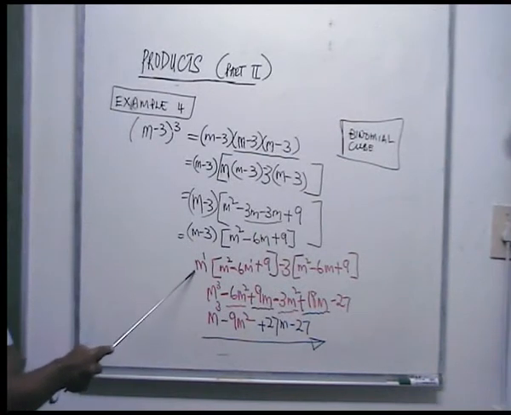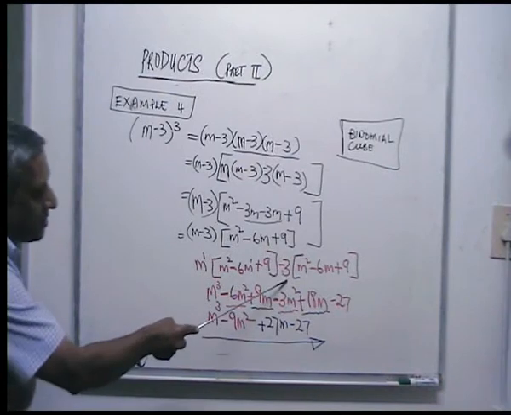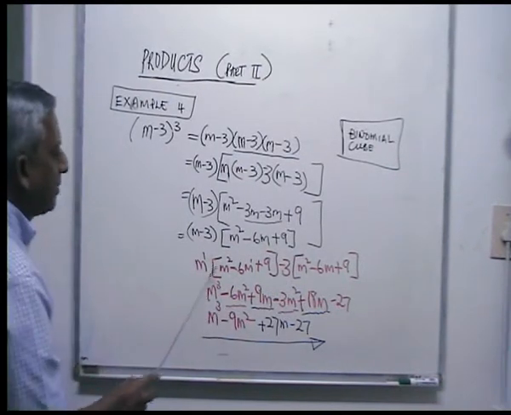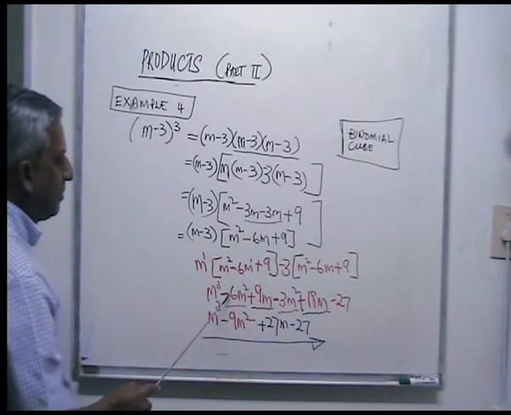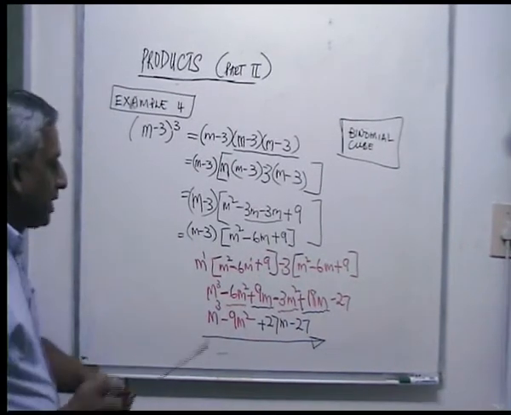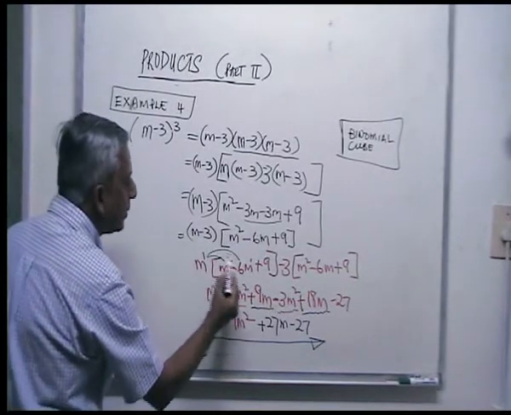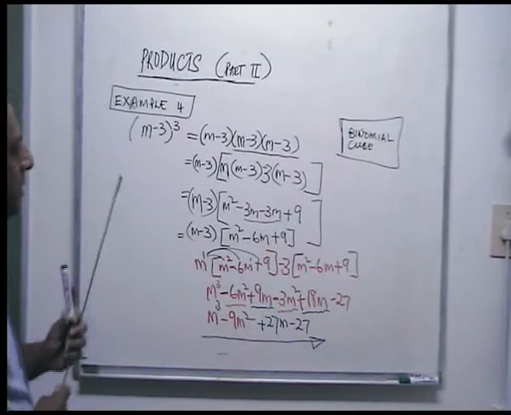Write the first term in front of the first bracket. Write the second term in front of the second bracket. And then simply multiply. M times m squared is m cubed. M times minus 6m is minus 6m squared. M times plus 9. In other words, you're multiplying 3 times here. 1, 2, 3. You're multiplying 3 times.